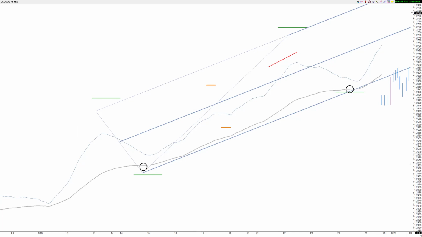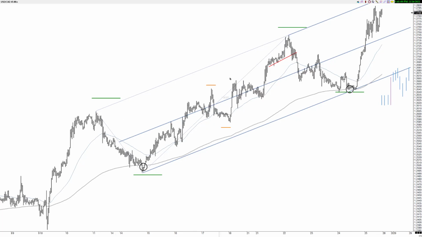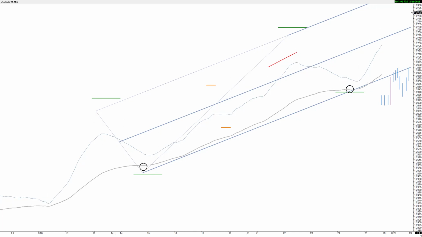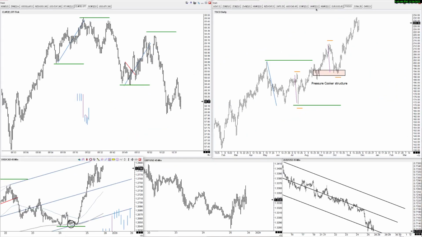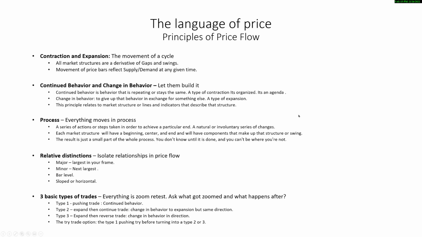We want to see the basic wave of price. So with these, we can begin to already come up with some ideas. So relative distinctions: major, minor, bar level. These are basic. They can be sloped to horizontal.